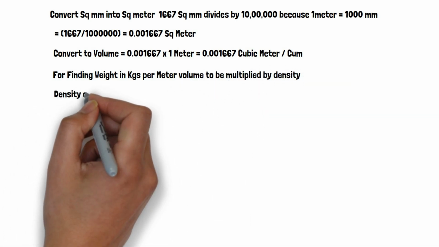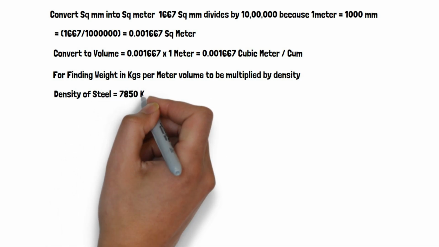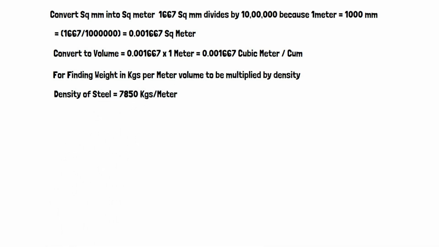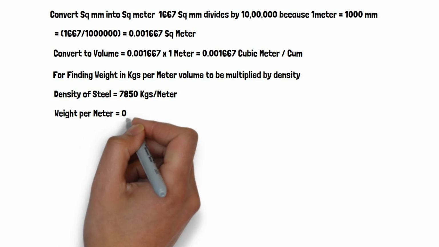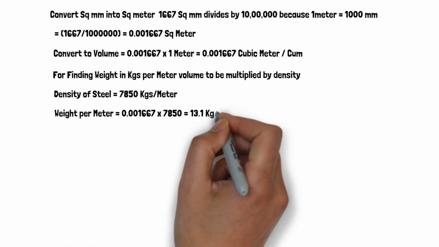Density of steel equals 7,850 kilograms per cubic meter. Finally, the total weight per meter is 13.1 kilograms per meter.